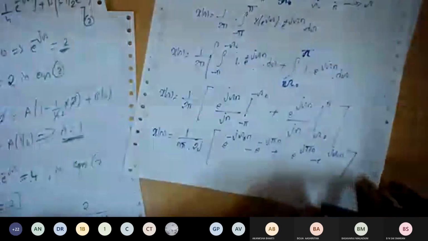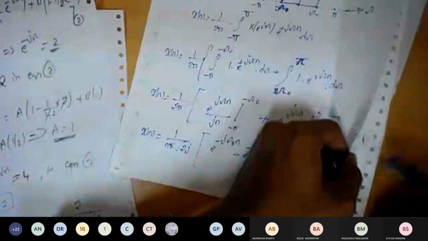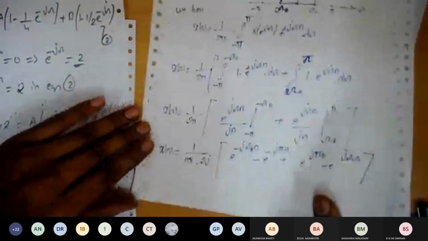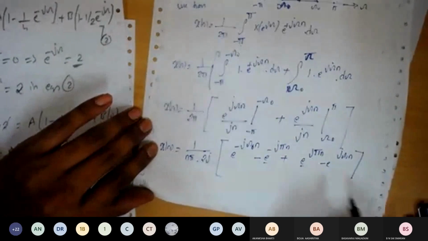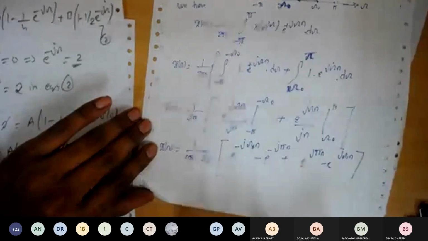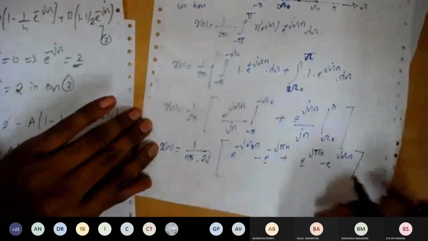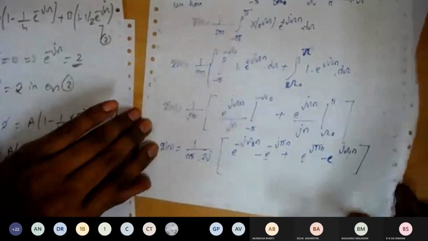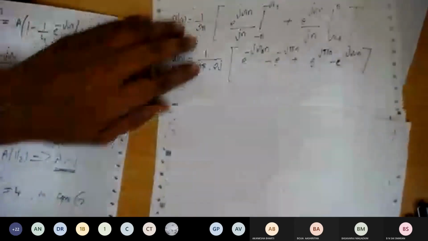So I think everyone has taken it, right? So what I'm going to do is group these two terms together, minus these two terms as one group. Like this we'll do it.